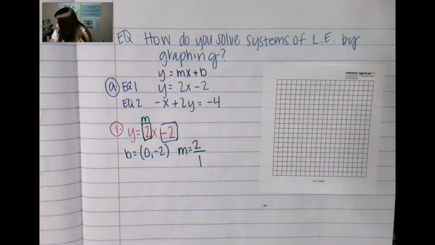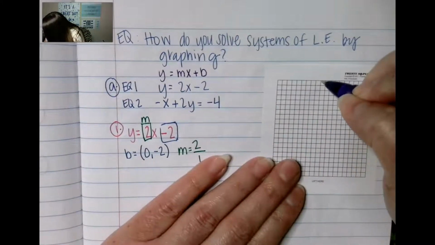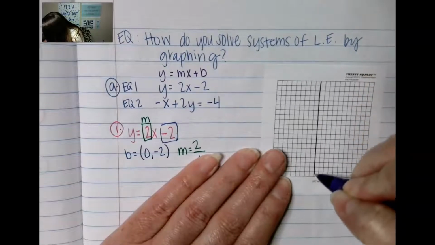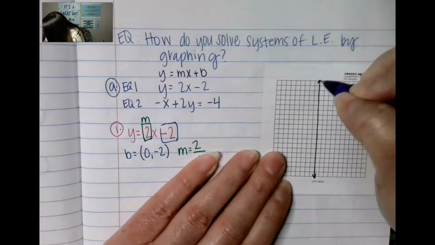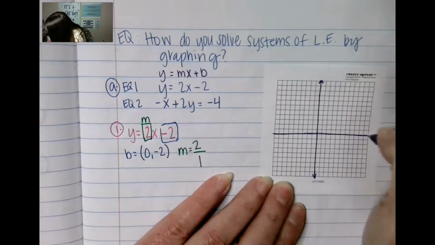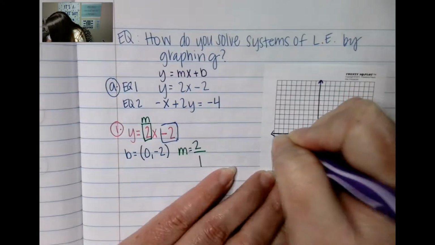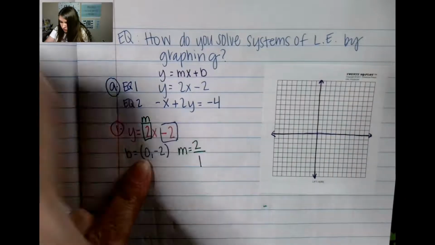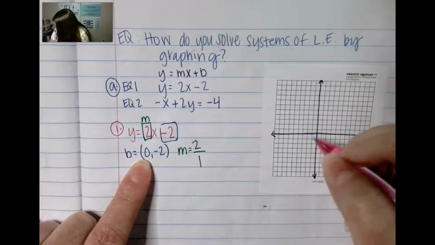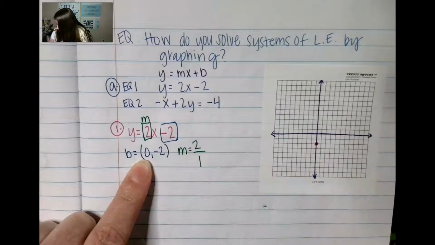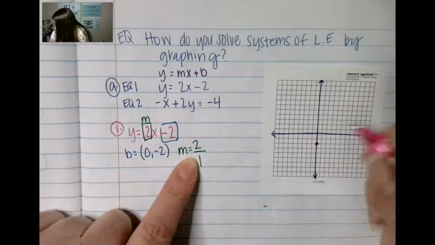So we're going to graph. All right, and it says 0, negative 2. So with my pink, I'm going to go to 0 and negative 2. And then I am going to go 2 over 1.